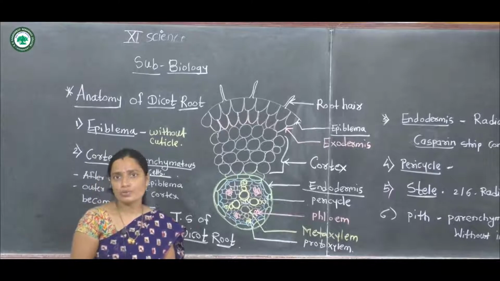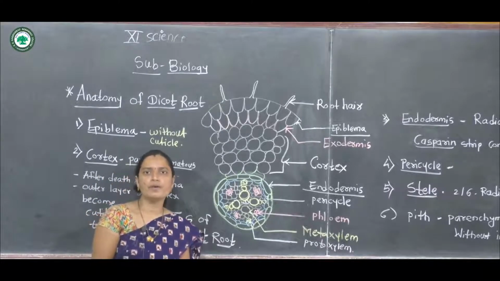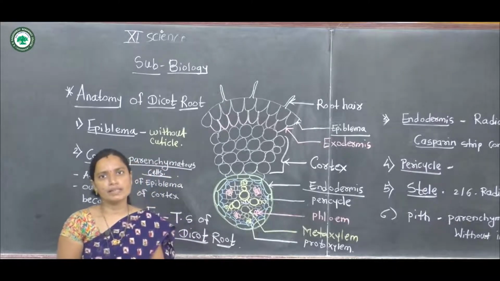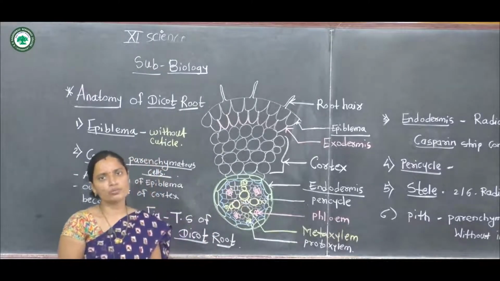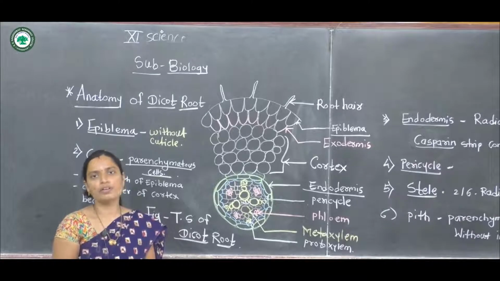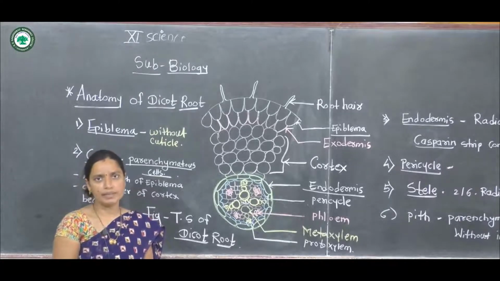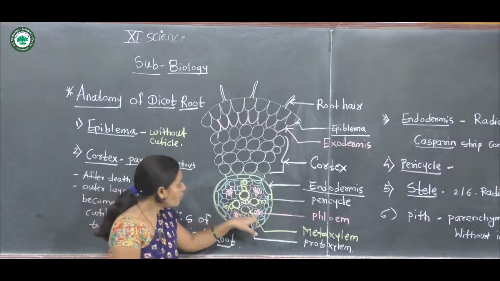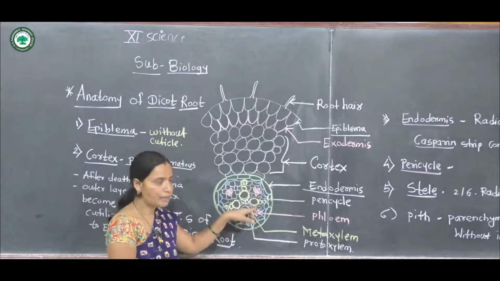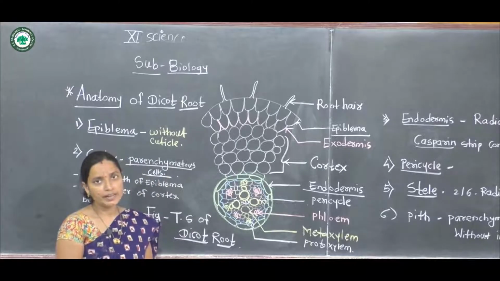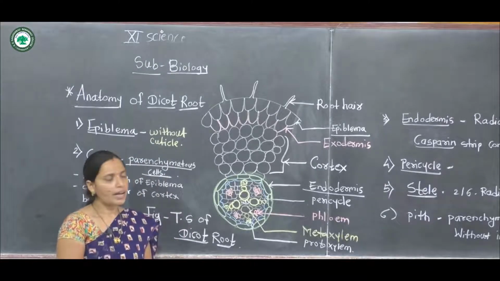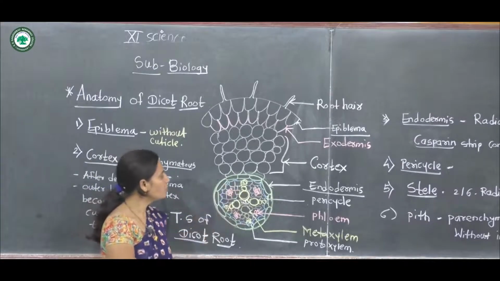Now, radial vascular bundles means the xylem and phloem are alternately present in the innermost part of the roots. The xylem and phloem tissues are alternate, meaning a radial type of arrangement; radial vascular bundles are found inside the roots.